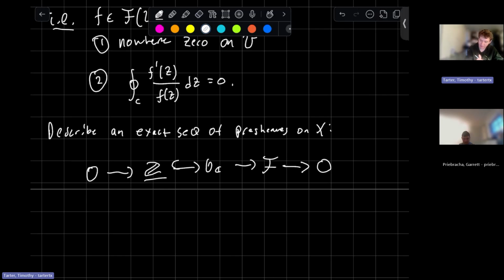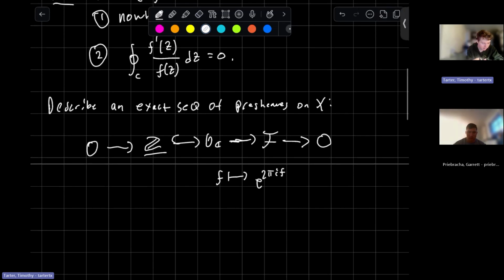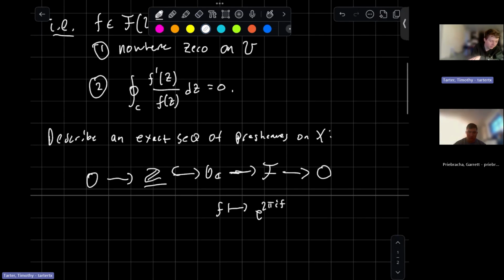This is an inclusion, and then this map here from the structure sheaf on C to script F is given by F gets sent to e to the 2 pi I F. And so this is part 1.